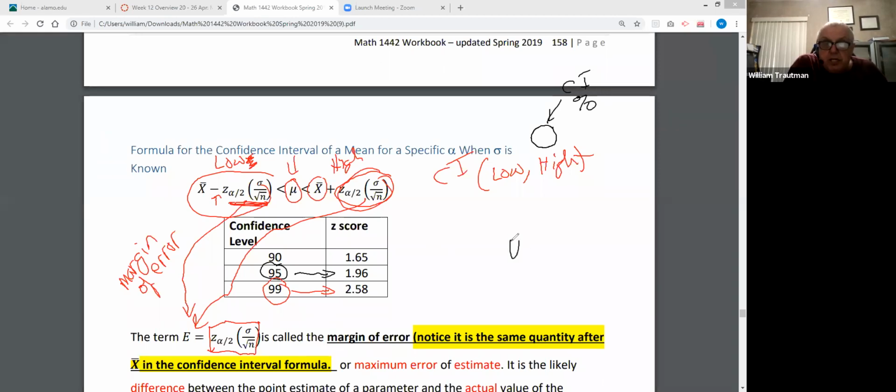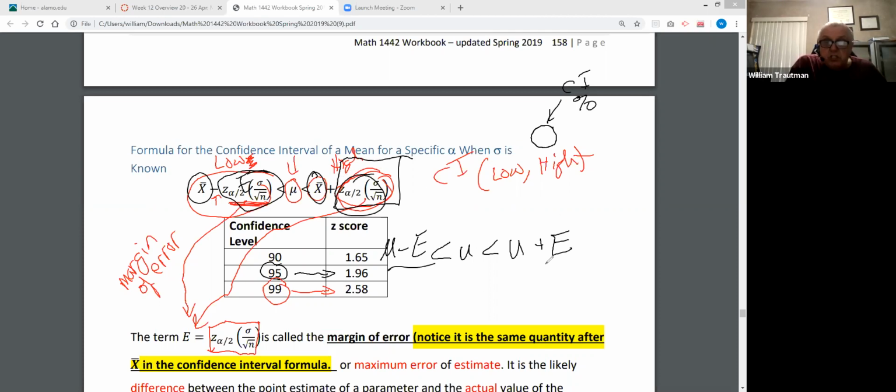You can do the mean, and on the right side, you do plus the margin of error. And then we have the mean here, and then you do the mean minus the margin of error. This is the margin of error. Here's the mean minus the margin of error. Here's the mean plus the margin of error. So big E is the margin of error, so you need to have this formula written down also.